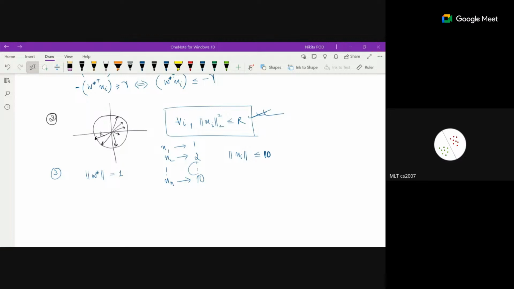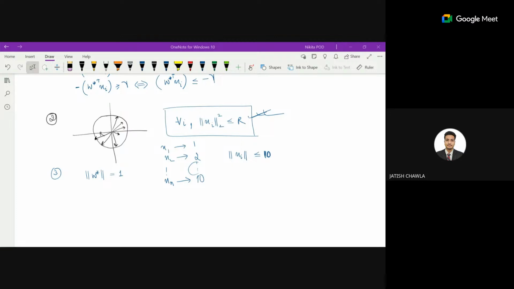The proof is a little longer. You can see the proof yourself, and let me know if you are not able to understand it.